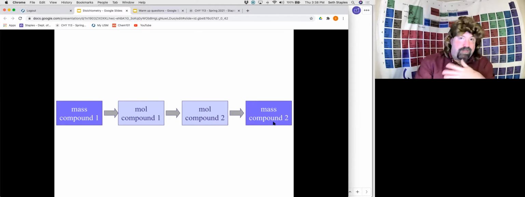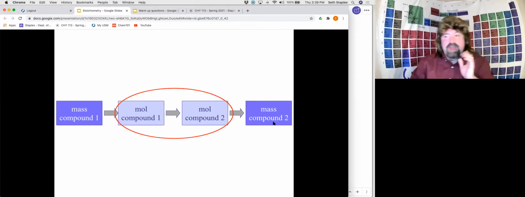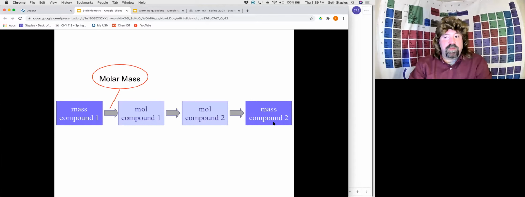So we've looked at that flow, and you've hopefully done a ton of problems using this flow. Remember that at the heart of this is that molar relationship, and we use the stoichiometric ratio from our balanced chemical equation. And in order to get to the moles, we use our molar mass. Solution stoichiometry, we've already talked about it.